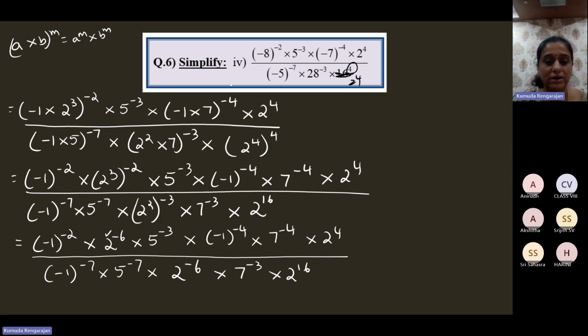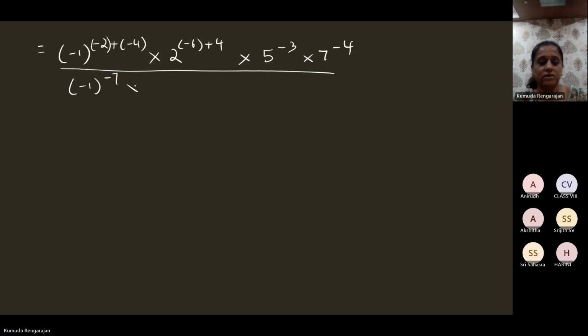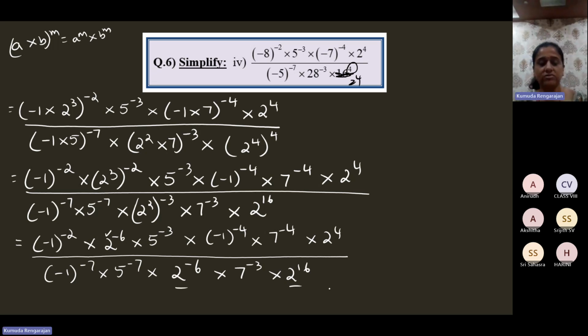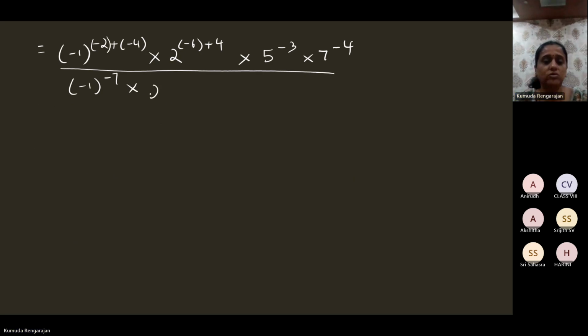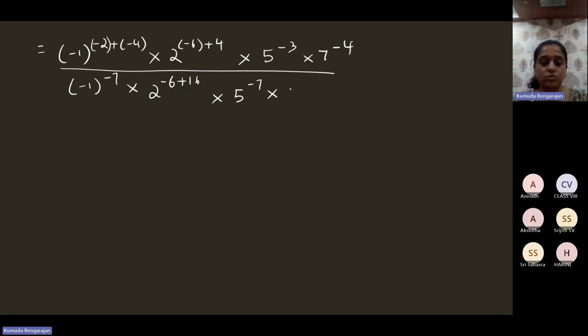Add the powers, minus 2 plus minus 4, into 2 raised to the power minus 6 and 4, minus 6 plus 4, into 5 to the power minus 3 and 7 to the power minus 4 as they are, divided by minus 1 to the power minus 7 as it is, into 2 to the power minus 6 plus 16, into 5 to the power minus 7 as it is, into 7 to the power minus 3 as it is.